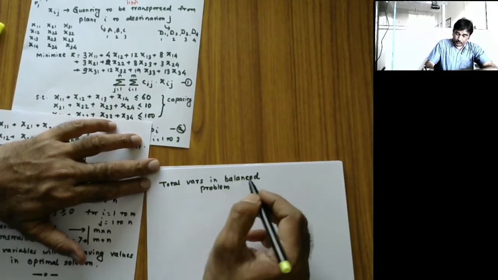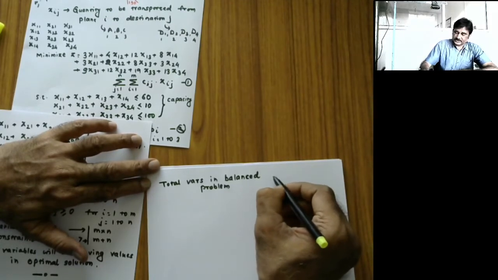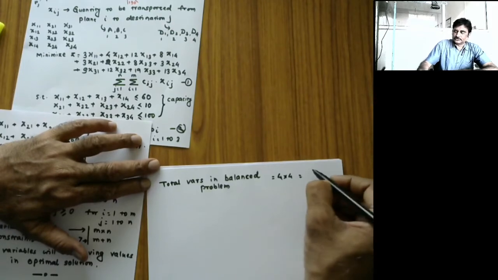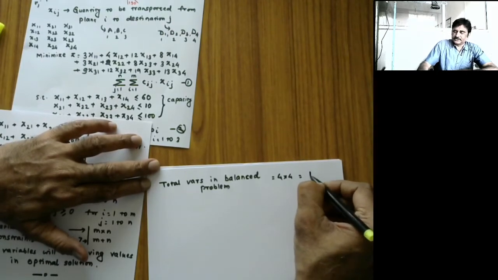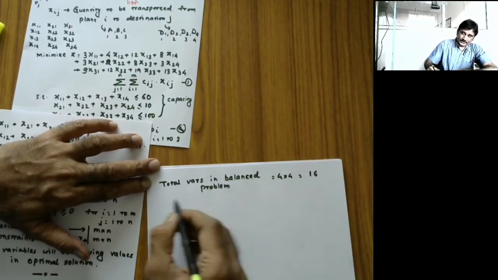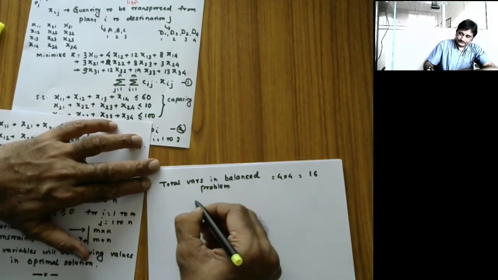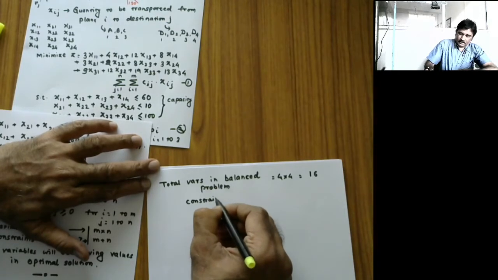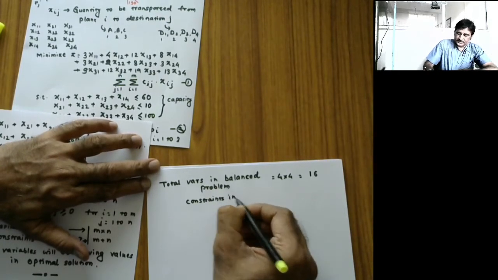Because there are 4 rows and 4 columns, that is equal to 4 into 4. That is equal to 16. 16 variables I have. Okay. And the number of constraints in the balanced problem.